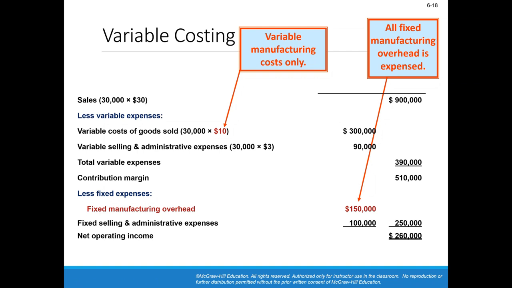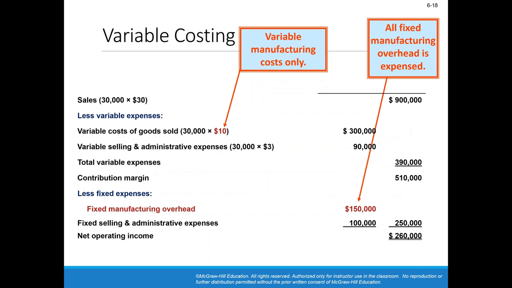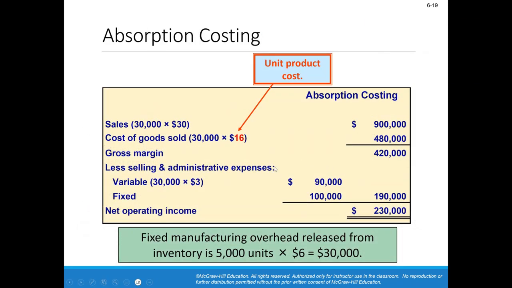Now, in year one, our variable cost profit was $30,000 less than our absorption cost. Here, it's going to be the opposite. And why is that? Because we're now taking that $30,000 that was in inventory, and because we've sold that, it becomes an expense. And so our gross margin is lower, and so our net operating income is lower.